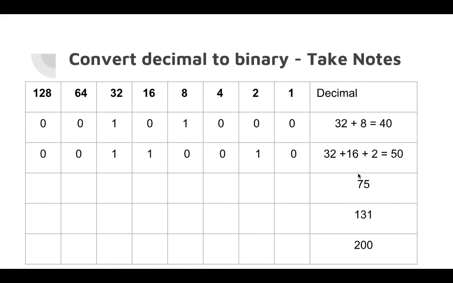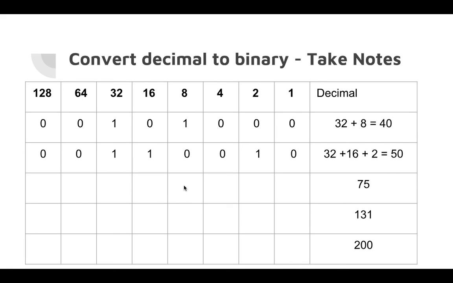Now here's a 75. So for 75, I would go down here. I'd start here with 128. Do I need 128? No, it's too large. Do I need a 64? Yes. If I have a 64, then I do 75 minus 64, and that's 11. All I need is 11, so I don't need a 32, so that would be a 0. 16 would be a 0.